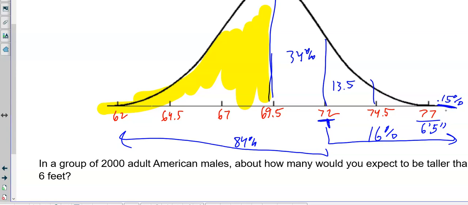Only 0.15% of adult males are taller than that. On this end, 62 would be 5'2". Again, only 0.15% of males are more than 3 standard deviations below the mean, or smaller than 5'2".